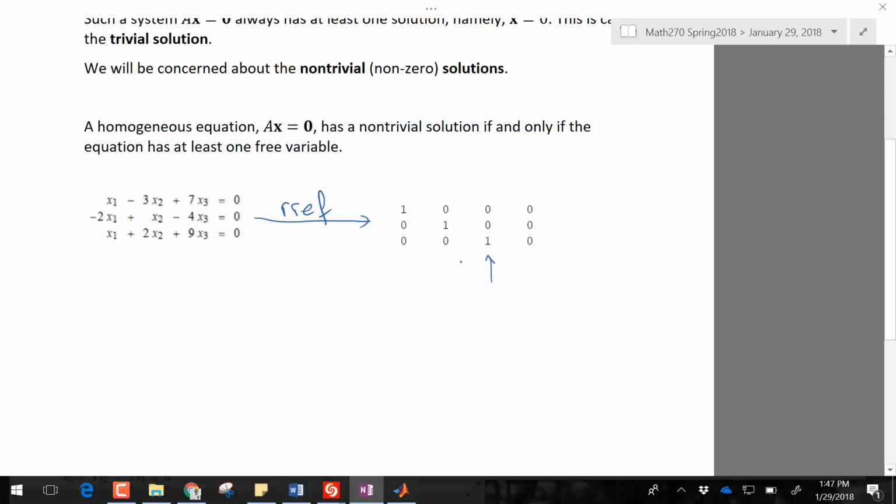Here we have no free variables, pivots and everything. So then we only have one solution. And that's going to be 0, 0, 0, the trivial solution.